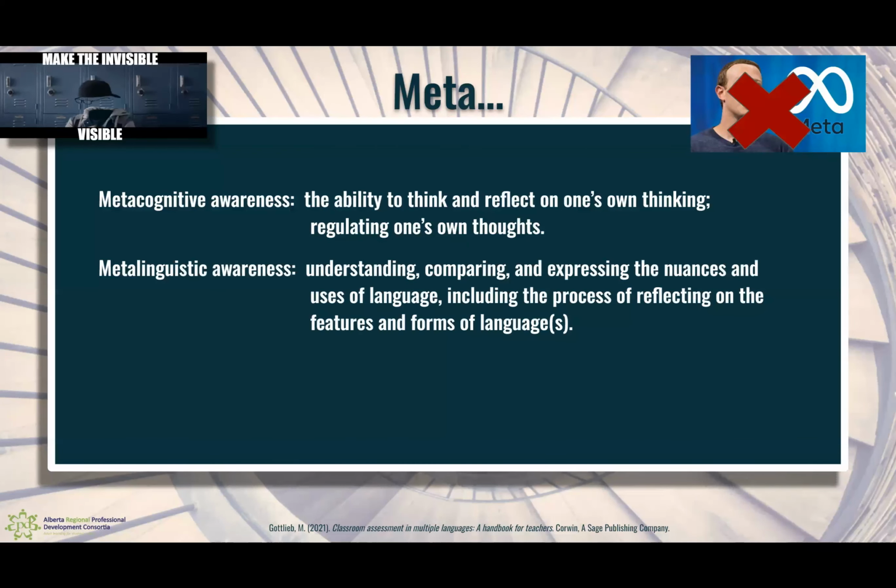And also metalinguistic awareness, where we're looking at the nuances and uses of language, and have that process of reflecting on the features and forms of language, whether it be looking at that in English or making comparisons to your home language as well.